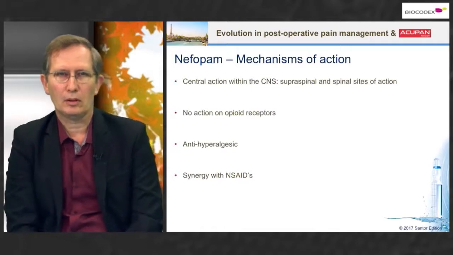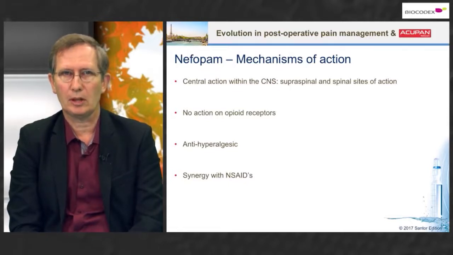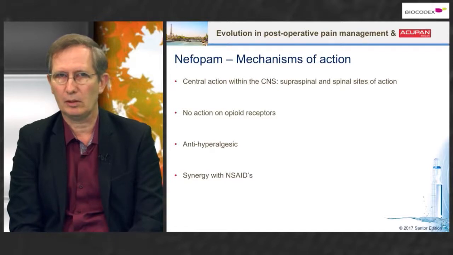So first, concerning mechanism of action, nefopam has a central action on the central nervous system. It has an action both at the spinal level and the supraspinal level. It's not interfering with opioid receptors.